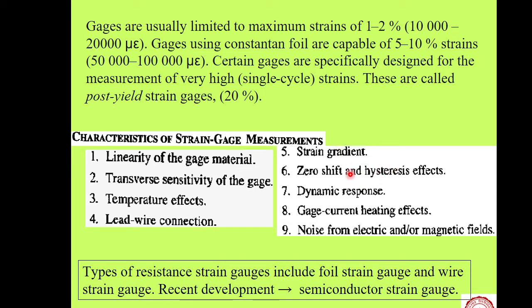This hysteresis effect means the fatigue type of loading, if the stress field is like that, then how much it can sustain. Afterwards, there is this zero shift phenomenon, etc. Then there is dynamic response, that means how fast strain changes when the stress changes in the specimen. So, this is basically the time lag.